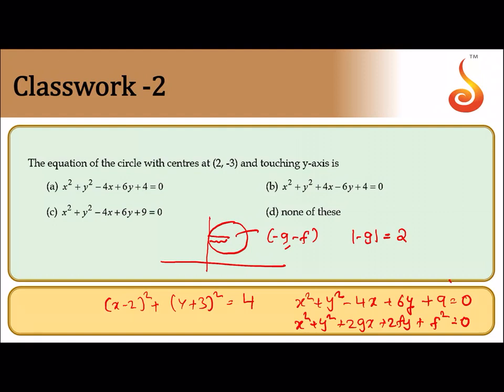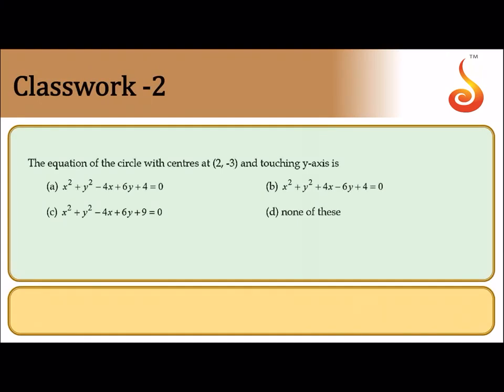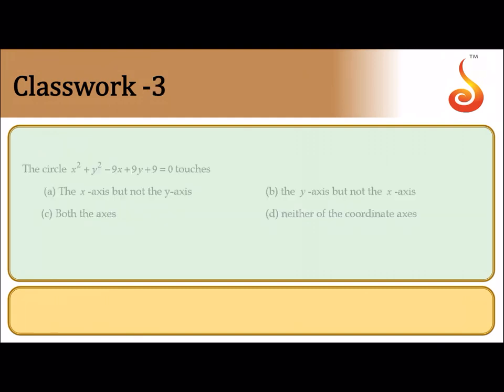So f square is 9. Whenever it touches the y-axis, the radius is equal to mod g. This is equal to 2. So option C is correct.